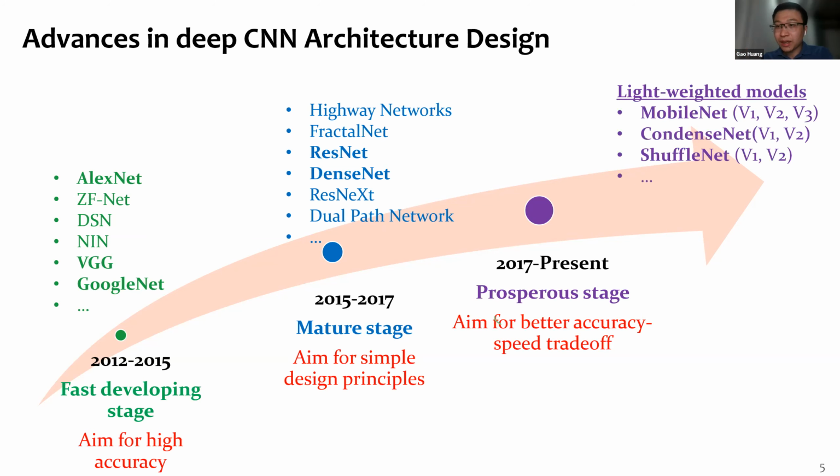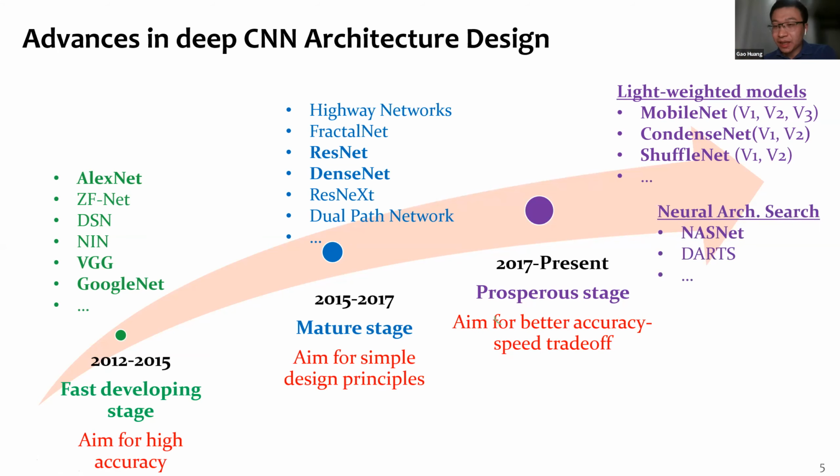For example, there are many lightweight models developed for mobile devices. For example, MobileNets, ShuffleNets, CondenseNets. So these are designed for mobile applications for computer vision tasks. And this is one direction.